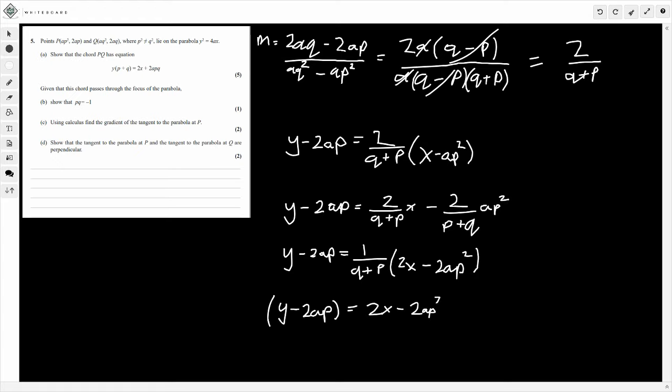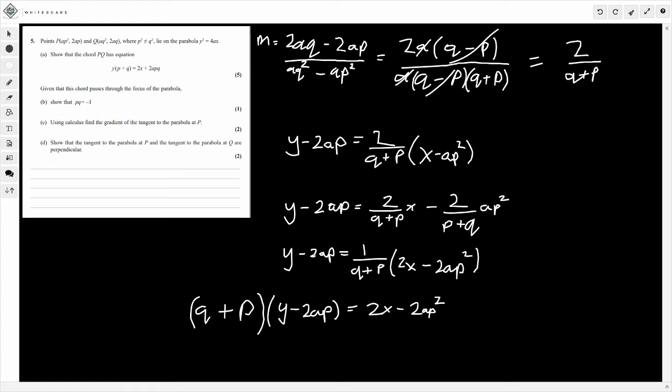Oh, no. There should be another bracket here. Oops, I missed that. So that's going to be the p plus q that we said we're going to multiply it by, q plus p. So what you're going to do now is expand these two brackets using FOIL, and then manipulate it into the correct form.